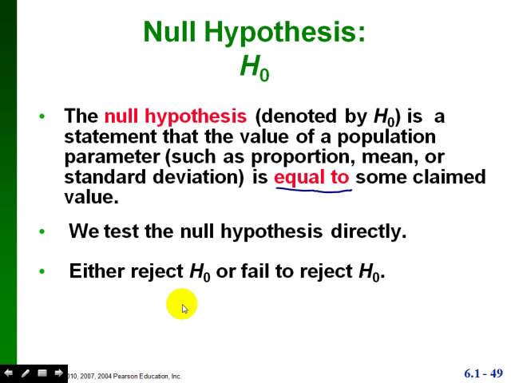The way that I like to think about this is, suppose that you're sitting on a jury and you're deciding whether to convict someone based on the evidence. You always want to err on the side of not convicting an innocent person. So the null hypothesis is similar to the assumption that the person is innocent unless they're proven guilty.